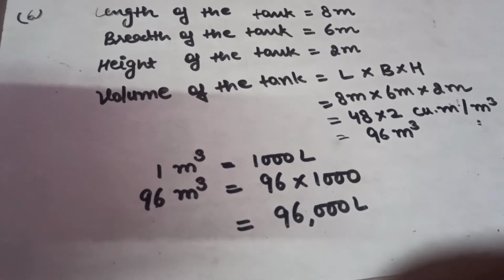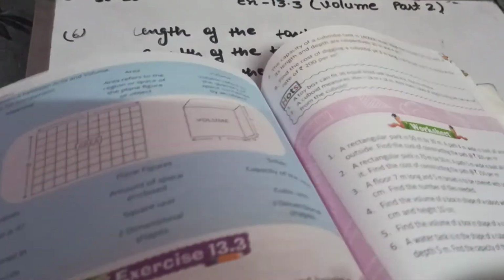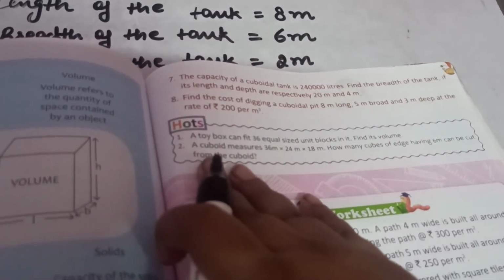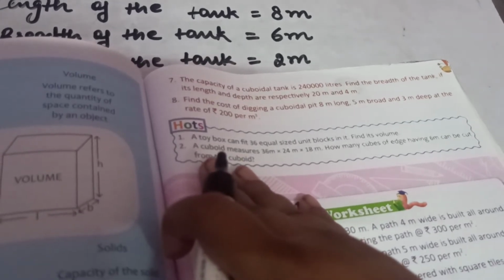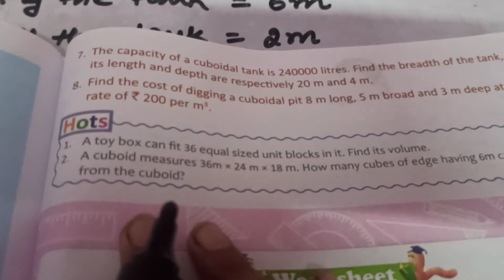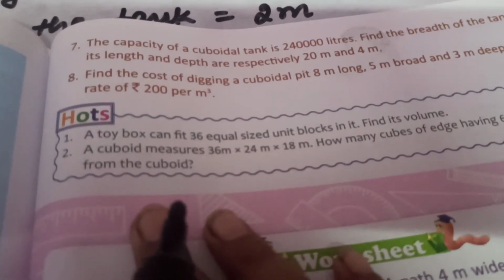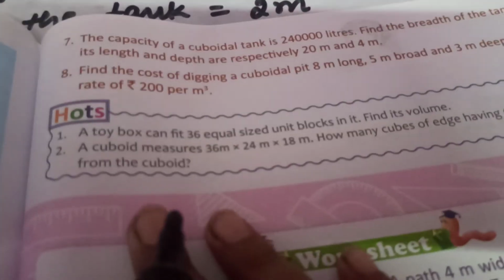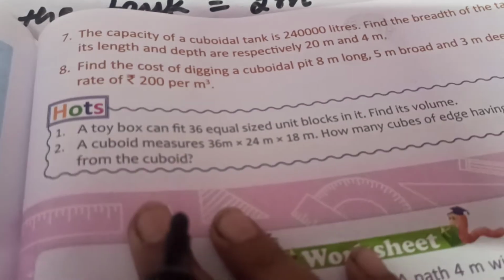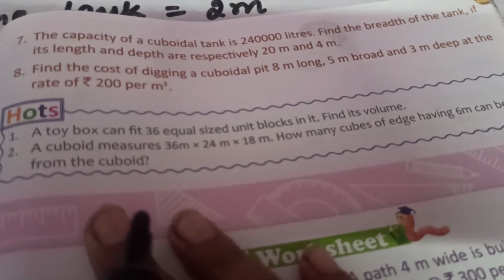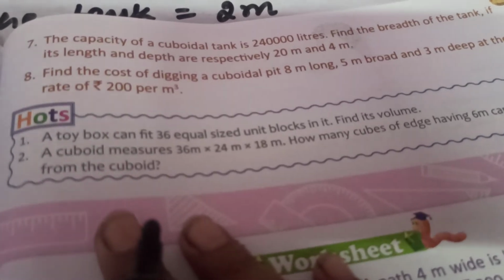Clear this one? Now come to the question number 7. The question number 7 is, the capacity of a cuboidal tank is 2,40,000 liter, right? The capacity of a cuboidal tank is 2,40,000 liters. So now see students, it is mentioned there cuboidal tank. It means all the edges are different. So find the breadth of the tank if its length and depth are respectively.